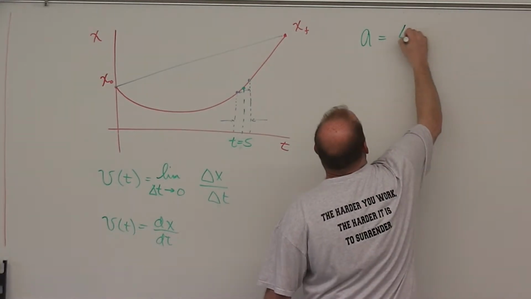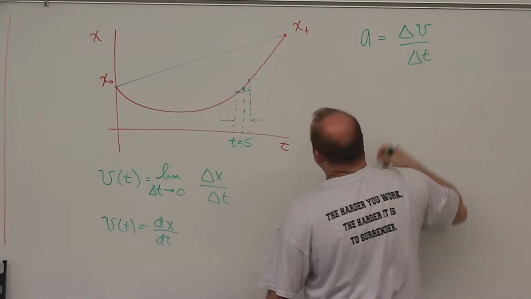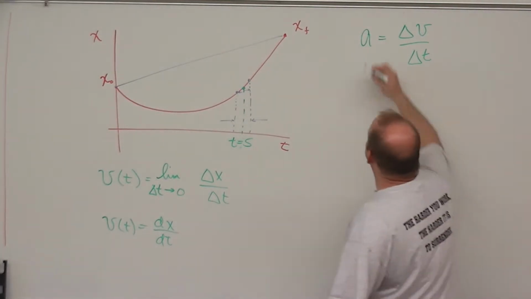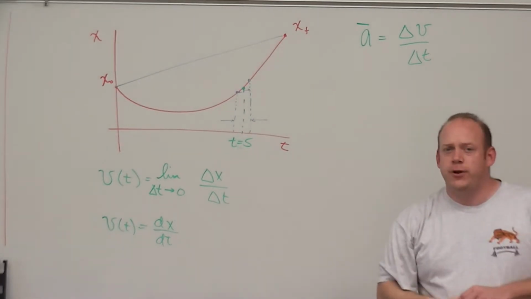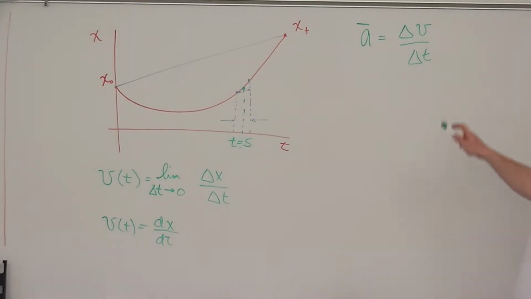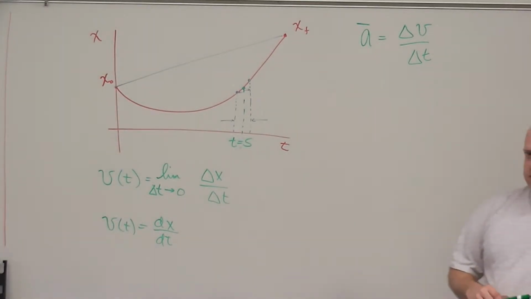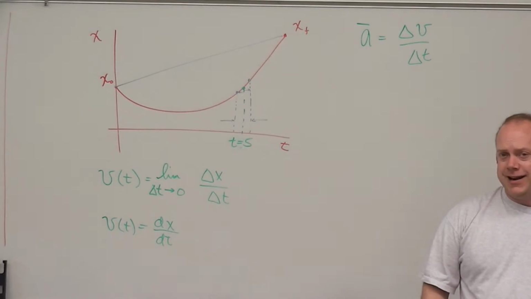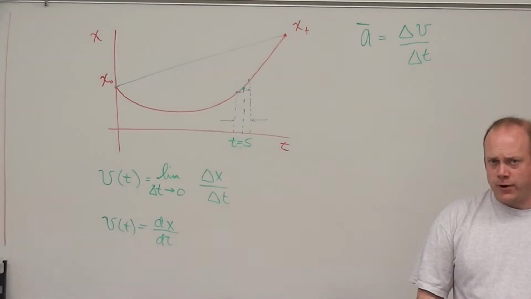Acceleration was the change in velocity with respect to time. And again, this is average. For the entire last year, we used a constant acceleration, so the velocity would change at a constant rate. We're going to take it a step further this year. We're going to look at instantaneous acceleration and see how that works.